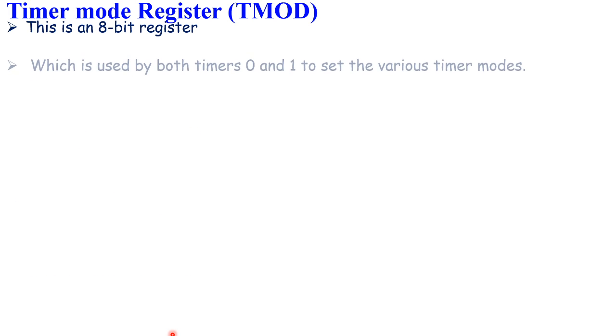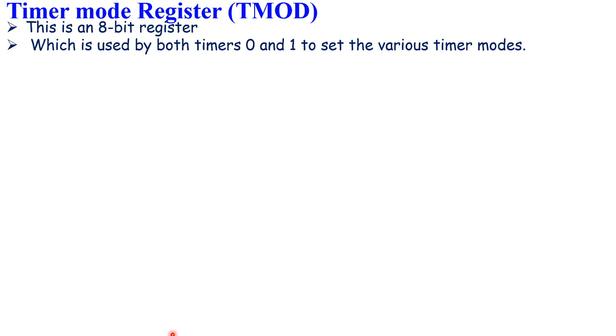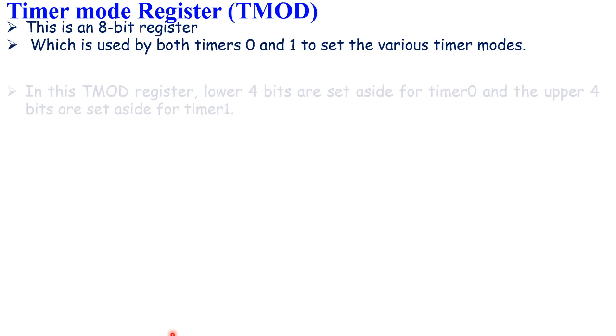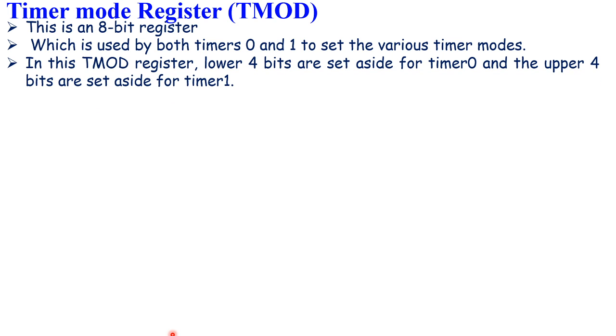The TMOD register. To use these timers in different modes, the timer mode register is used to decide which timer is used in which mode. The TMOD register is an 8-bit register used for both timer 1 and timer 0 to set various timer modes.